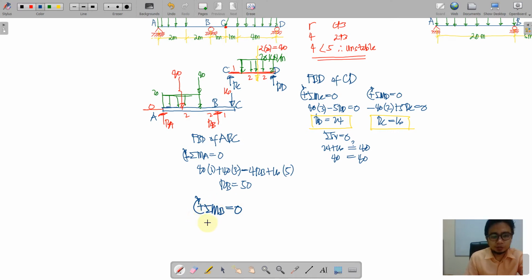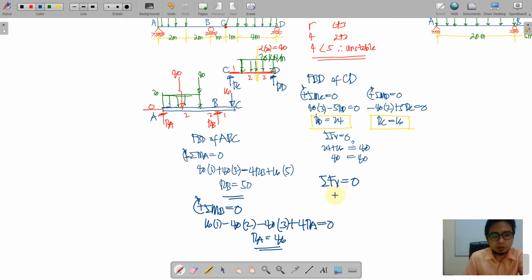We have 16 clockwise moment minus 40 times 2 minus 40 times 3 plus 4 RA is equal to 0. So we have a value for RA equal to 46.